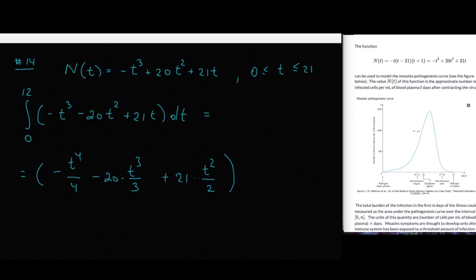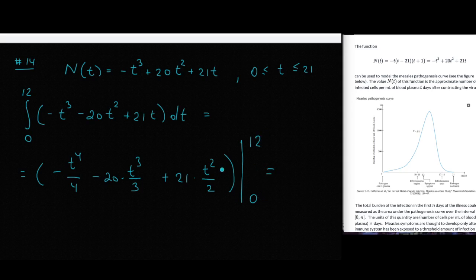What we want to do is, now that we've found the antiderivative, evaluate it at the endpoints of our interval of integration. In other words, we plug in 0 and 12 instead of t, and then take the difference of the resulting values.